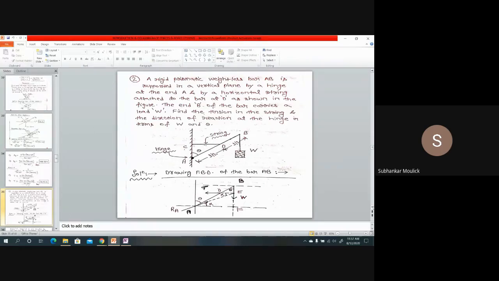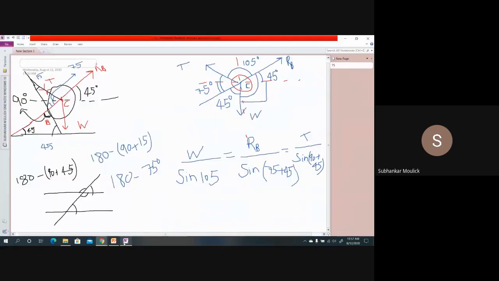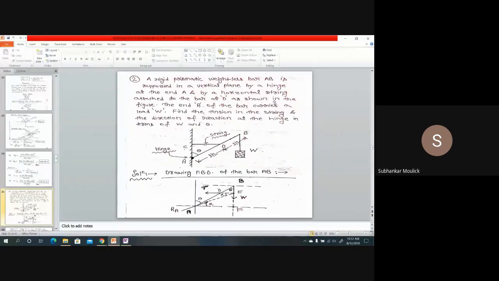Let us read the problem. A rigid prismatic weightless bar AB is supported in a vertical plane. You can see in the diagram, AB is your bar which is supported in the vertical plane.